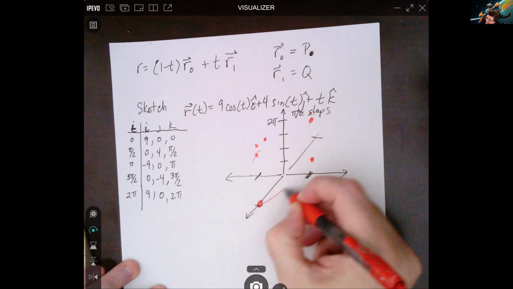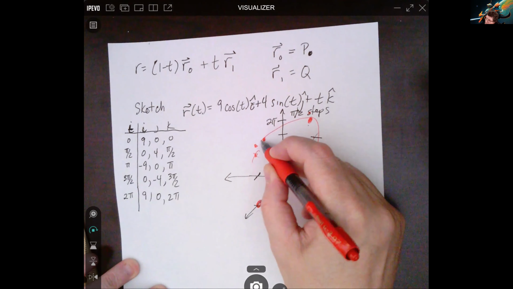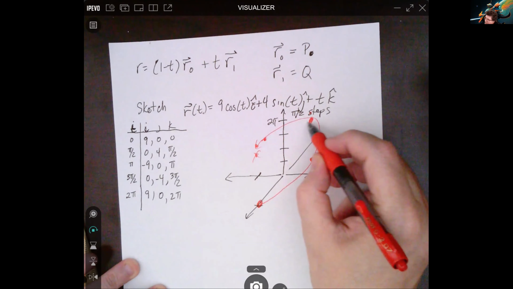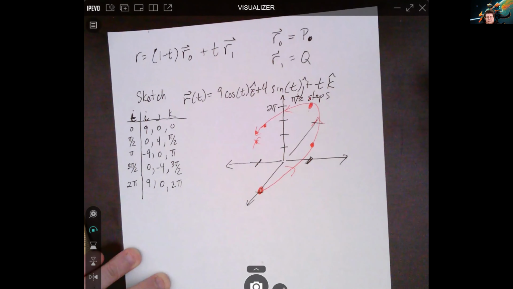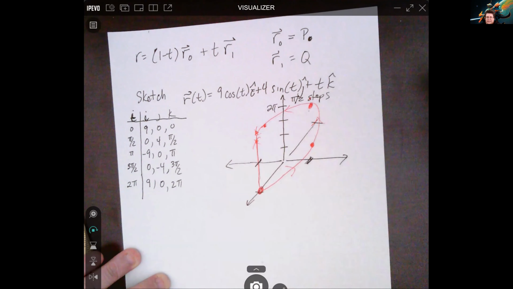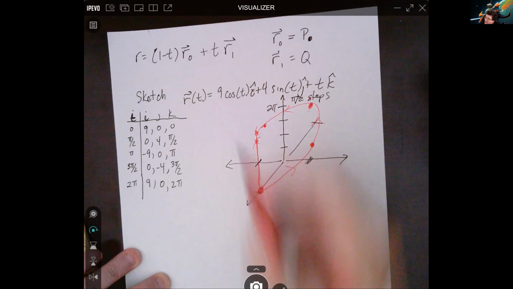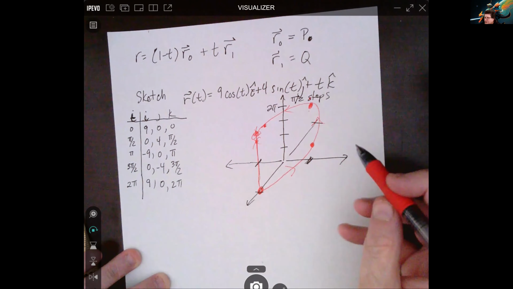So it's going like this. I don't know if that looks very good right now. Because this point should be directly above it, and it's kind of hard to see that, right? What kind of shape is this making if I just look straight down?